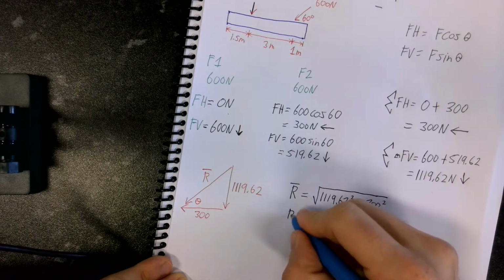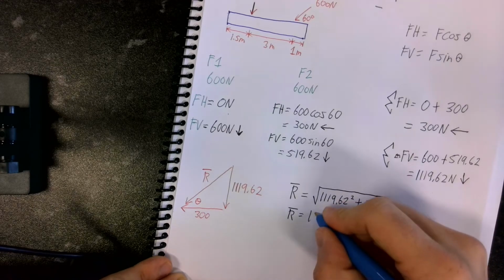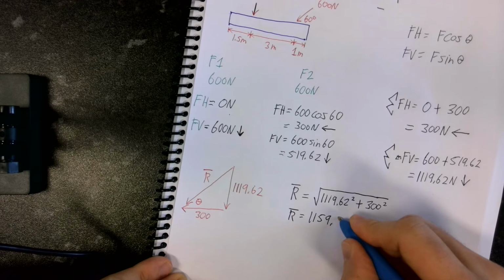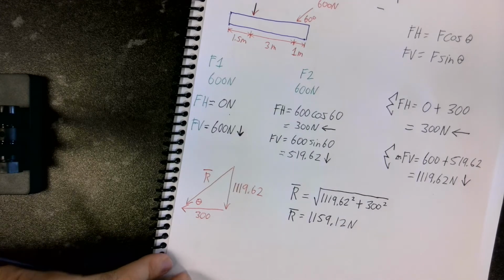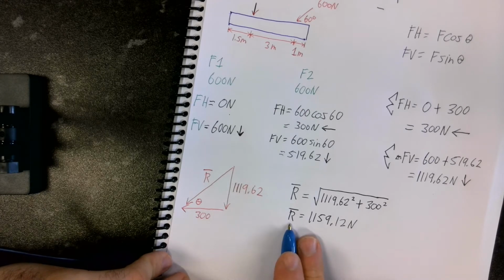Okay, now that resultant is 1159.12 newtons. That's what we found out there. So now we've found the resultant.